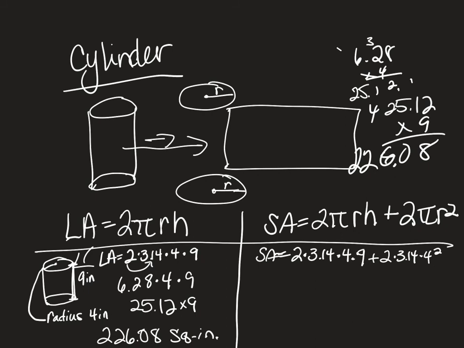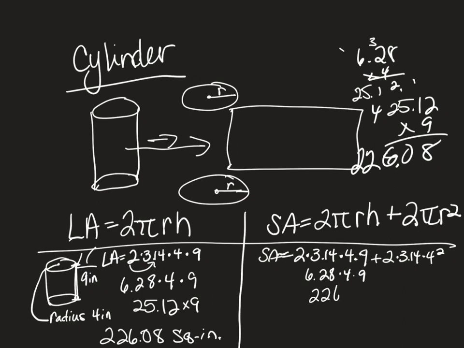We always know that 2 times 3.14 equals 6.28. The more you do that, you'll just know that one. You should get 226.08 plus 100.48, which equals 326.56 square inches.